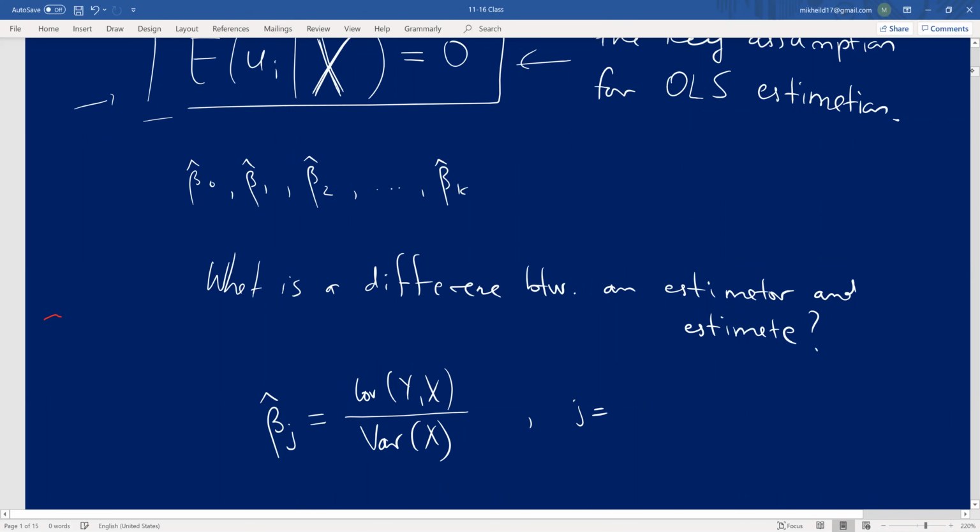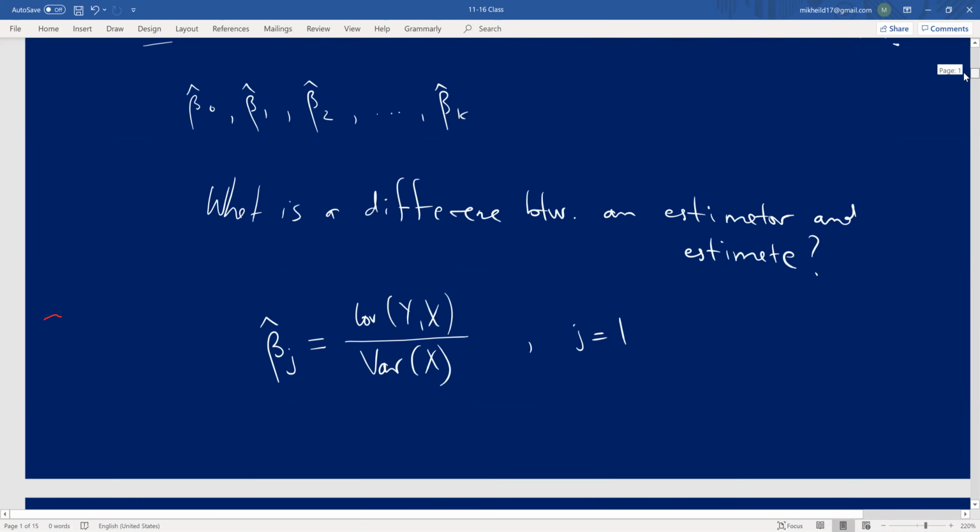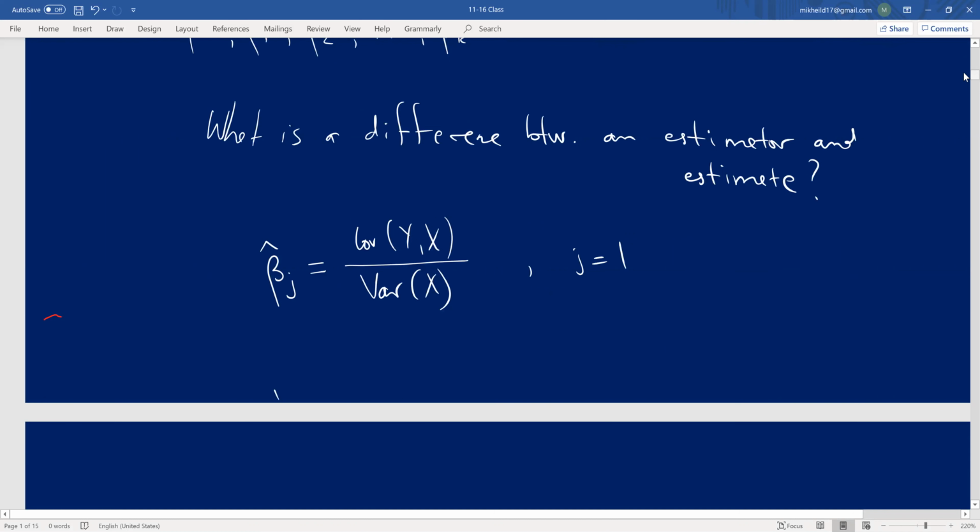Here j equals 1, right? And beta hat 0 equals y bar minus beta hat 1 times x bar. Let me write beta hat 1, beta hat 0.